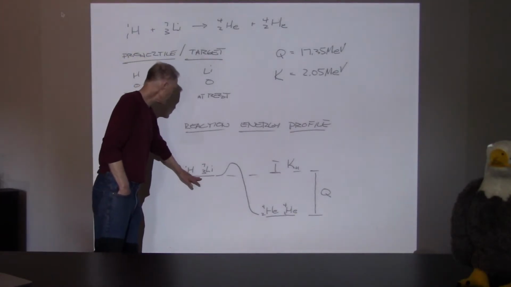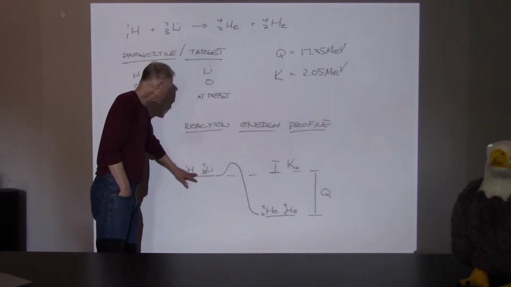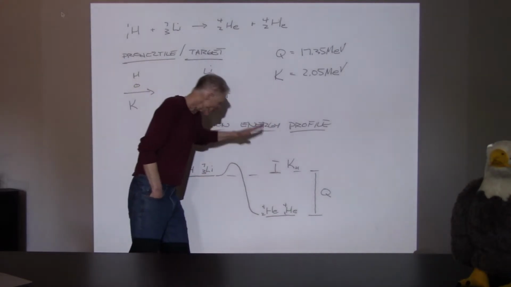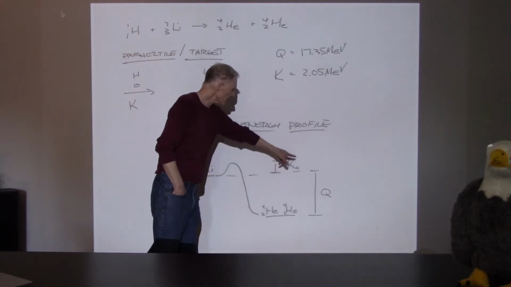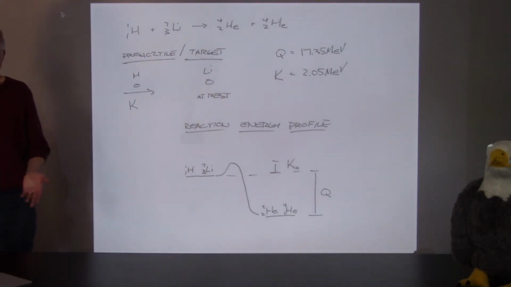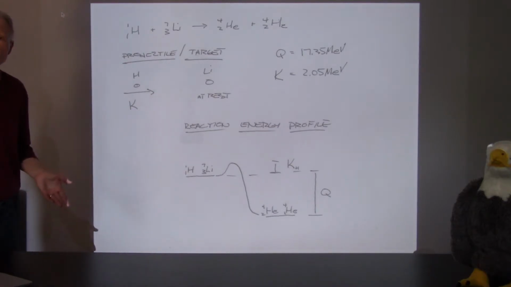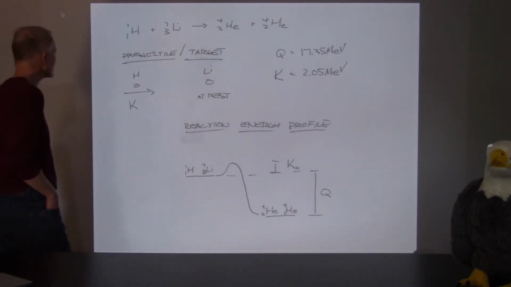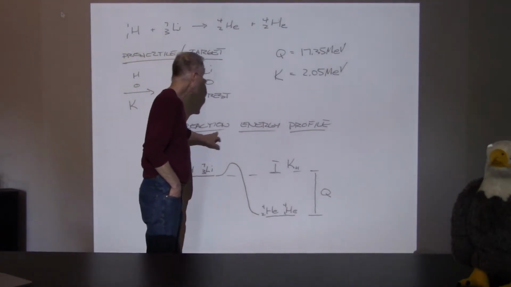So we've done these two. We're starting out with hydrogen and lithium that has a certain mass, and the mass is going to be reduced, and Q is telling us the difference in the masses. And so Q is Q, whatever reference frame we work in terms of. The masses before and after are going to be the same in either case. And then there's a reaction energy profile.